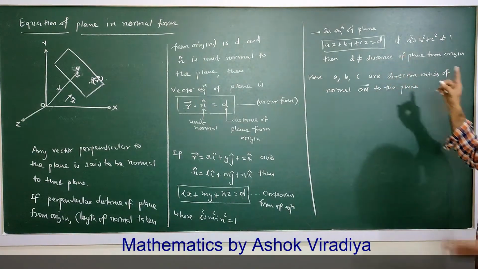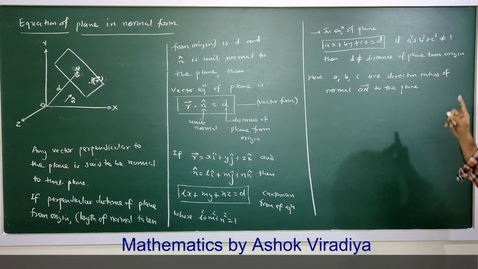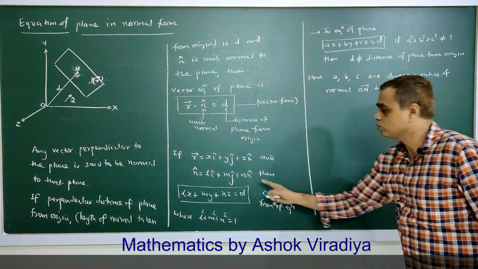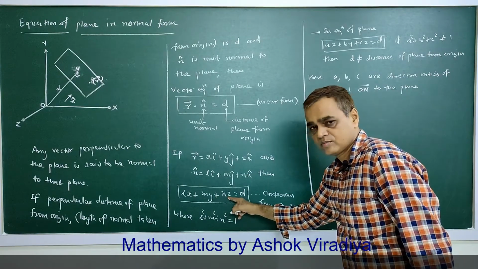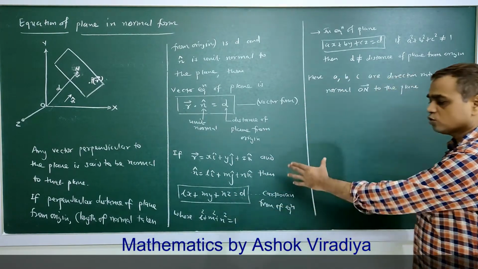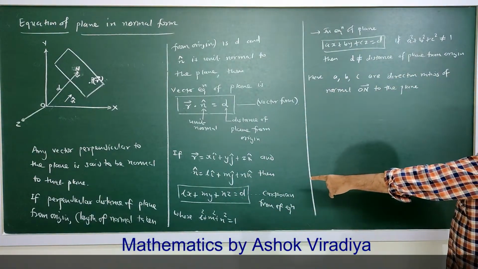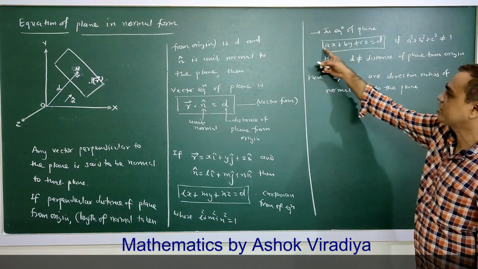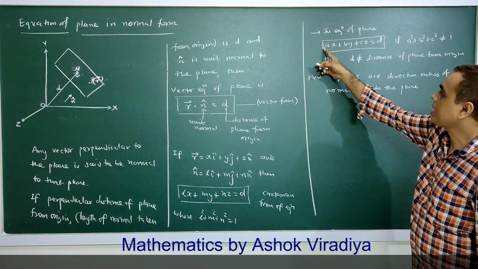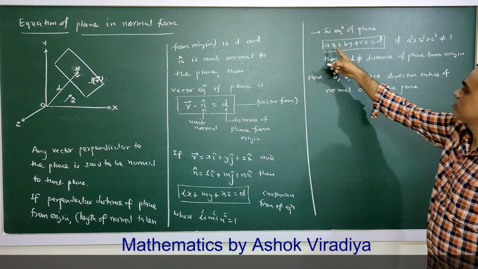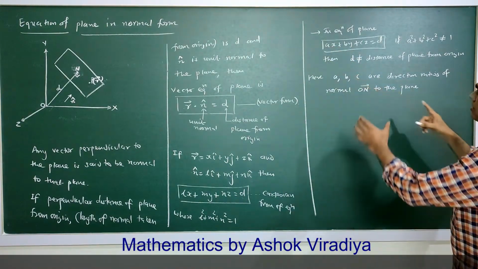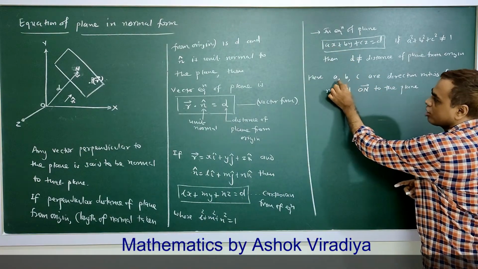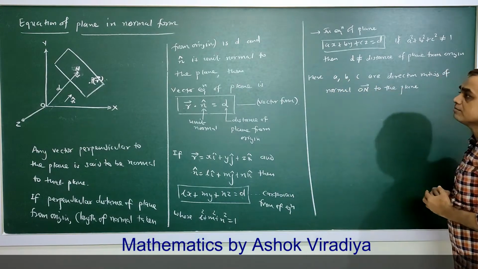So a, b, c are said to be direction ratios. So to convert this equation into this form, we have to divide this equation by the magnitude of the vector obtained by these numbers.